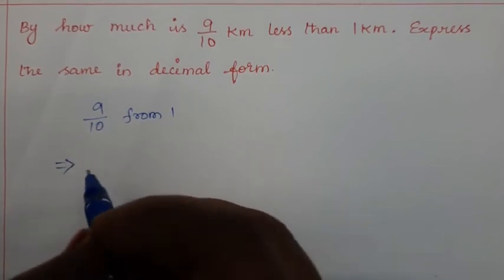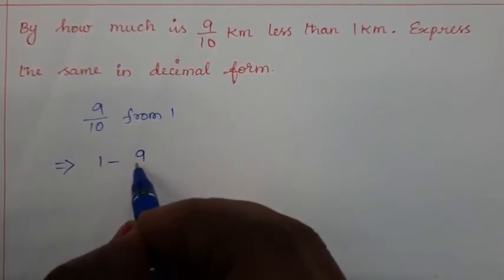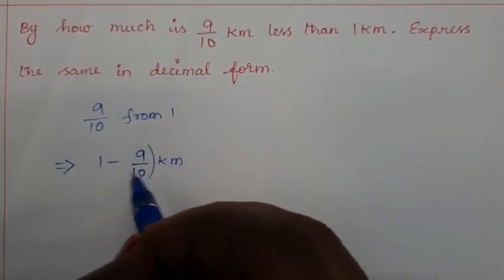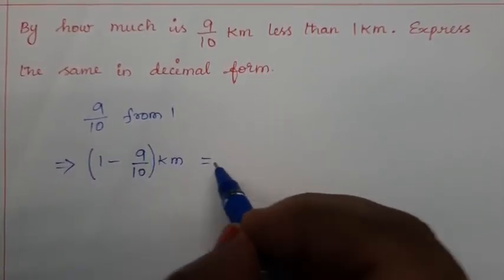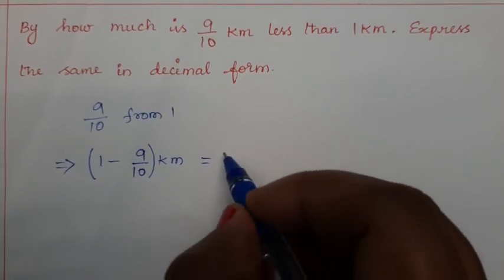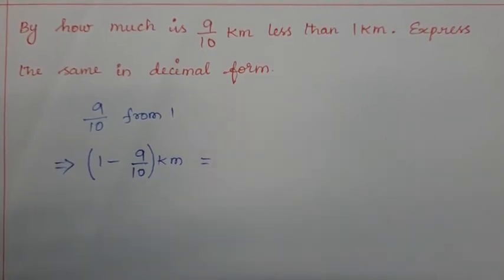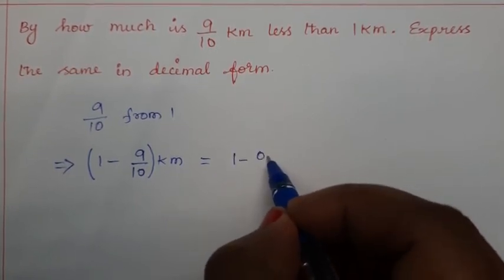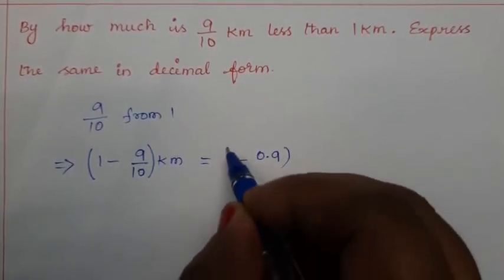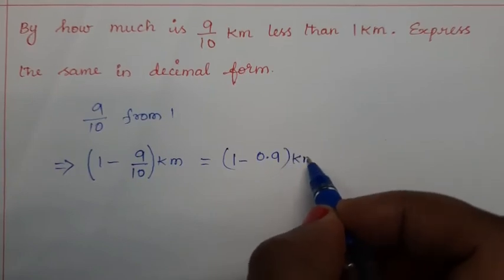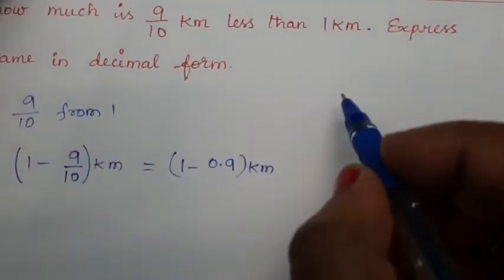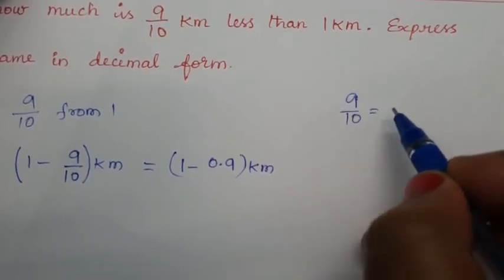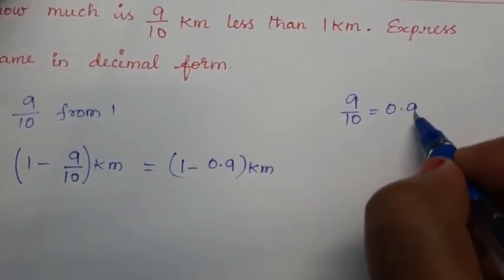Which implies that 1 minus 9 by 10 kilometer, which is equal to 1 minus 0.9 kilometer, because dividing 9 by 10 we get 0.9.